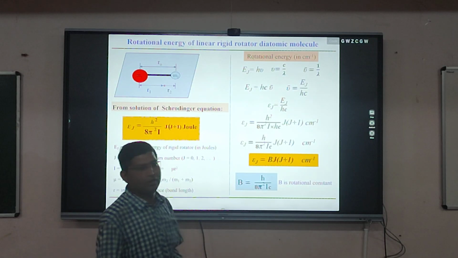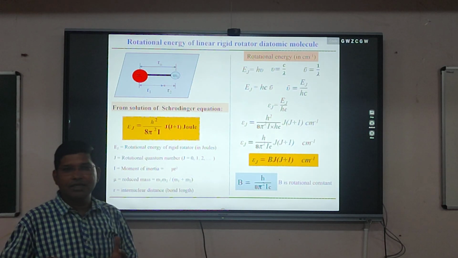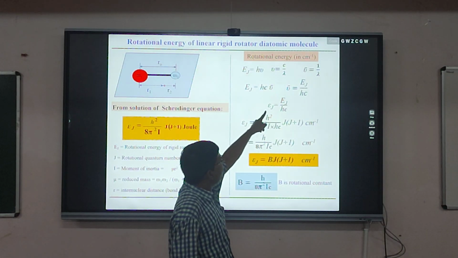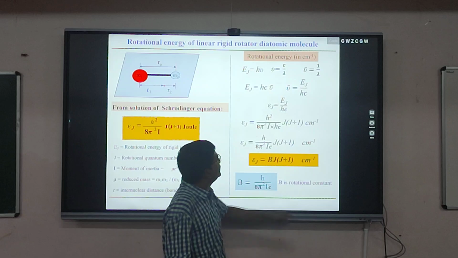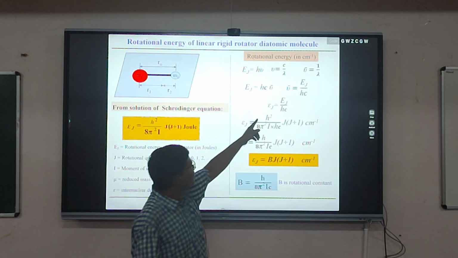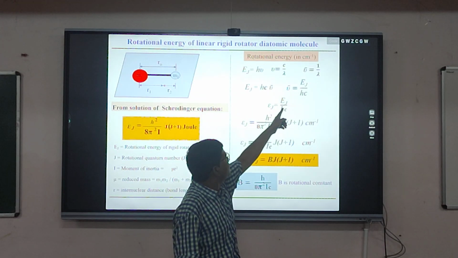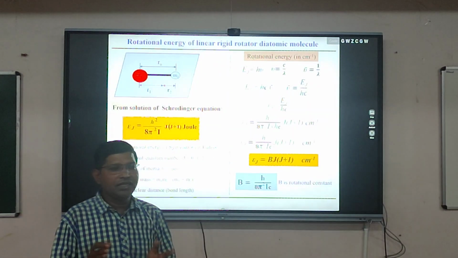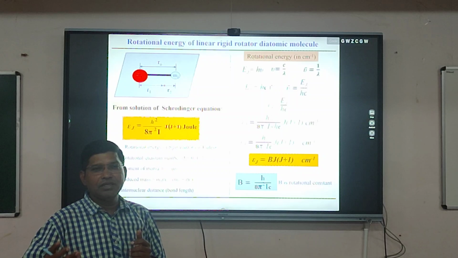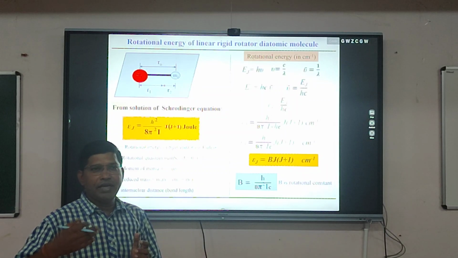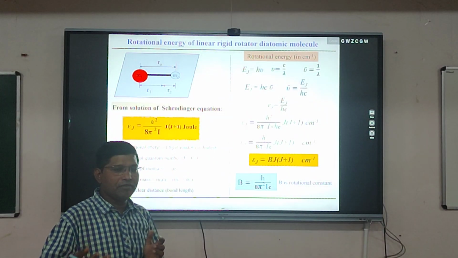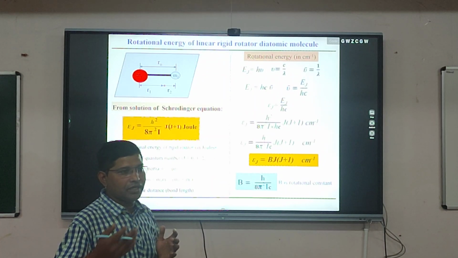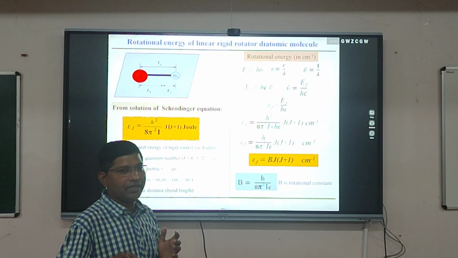So that will be epsilon j. When we convert the energy from joule to wave number, instead of capital E we write epsilon j, which equals Ej, the energy in joules, divided by hc. So the simple thing is, if you want to convert the energy of any rotating or vibrating molecule, you just divide Ej in joules by hc.